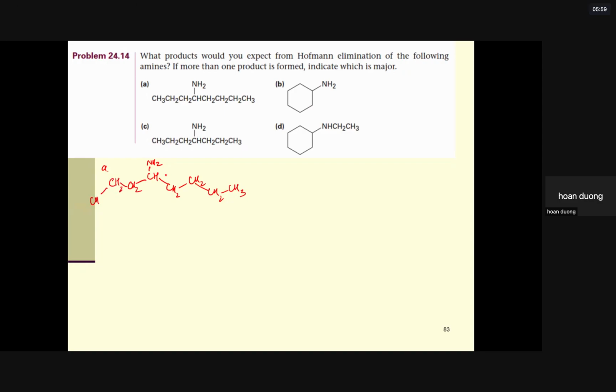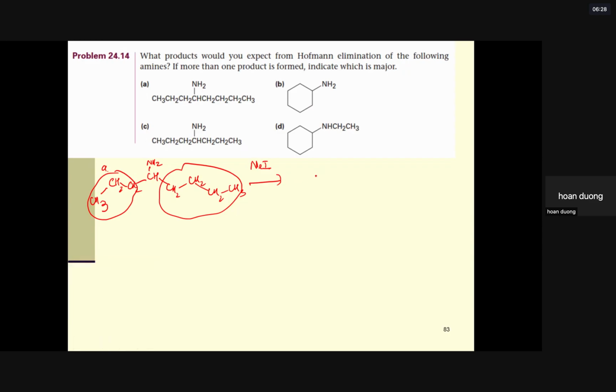So here's an example, right? If I draw this way, you can see this side looks like less hindrance, and the other side is more hindrance. Okay, so put the reaction flow over there. We put MeI, excess, in the first step, you make the salt first, right?